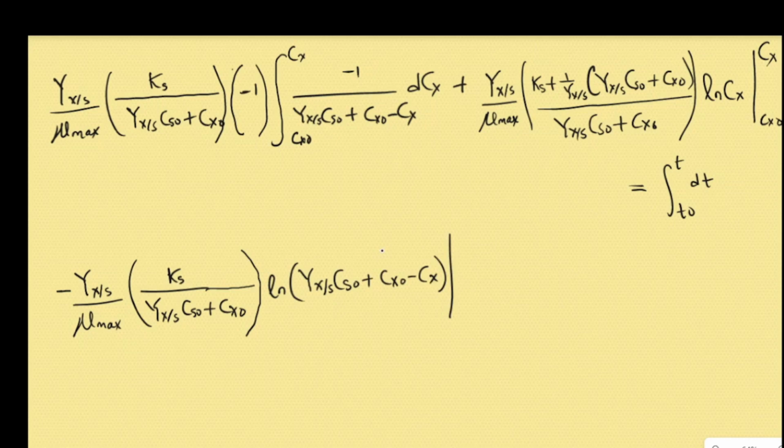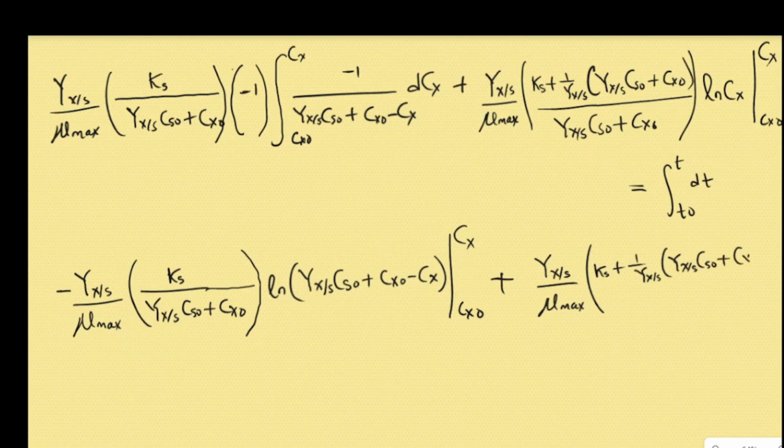So this ln is taken from Cx naught to Cx. Is that okay? Then plus you have Y_X/S over mu max, (Ks plus 1 over Y_X/S) into Y_X/S (Cs naught plus Cx naught) over Y_X/S (Cs naught plus Cx naught), like this.